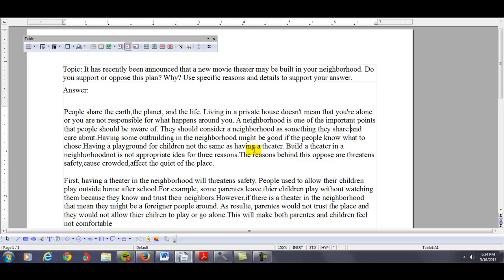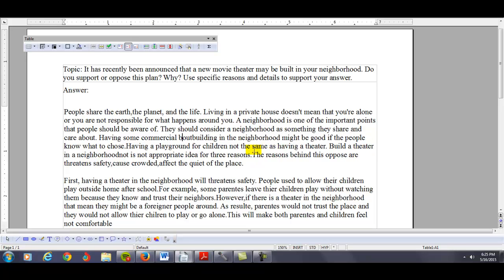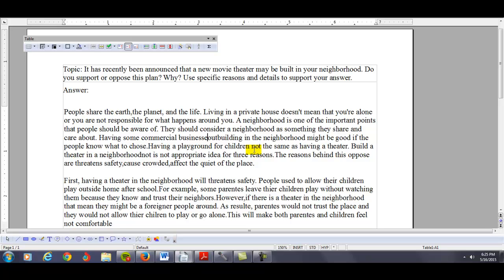So you're starting off with some general statements about the topic. So having some outbuilding, I don't think that's the right word. You might say, I would use the word commercial, or don't even need it.